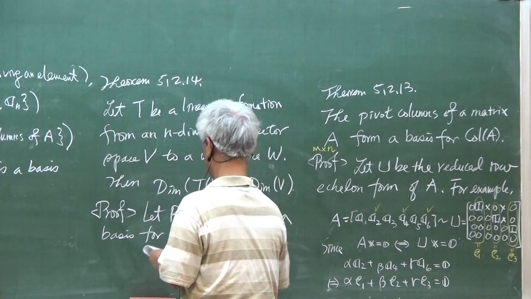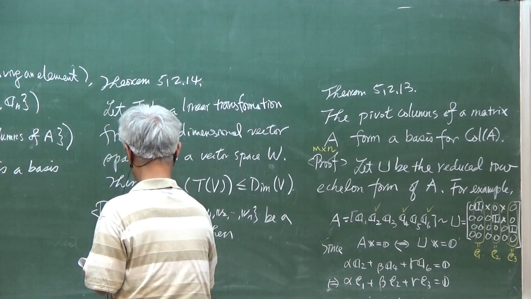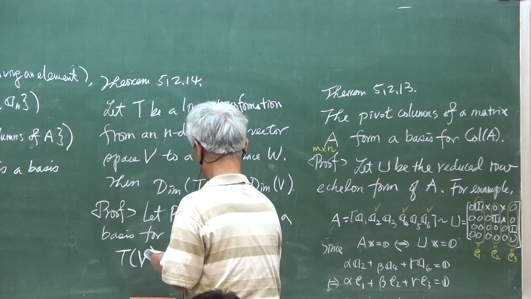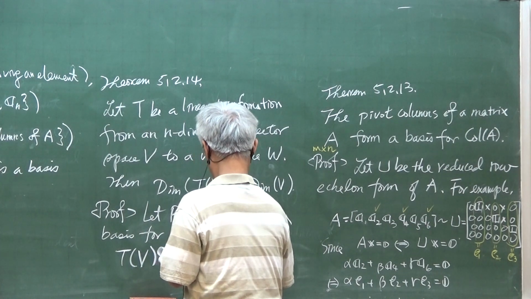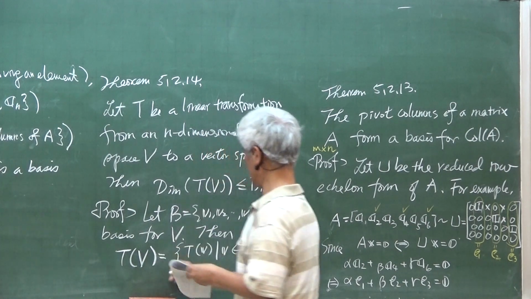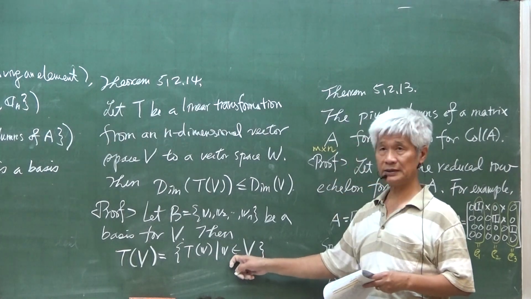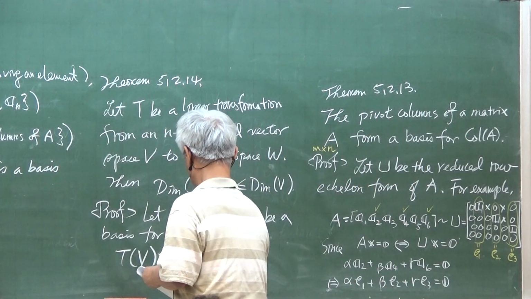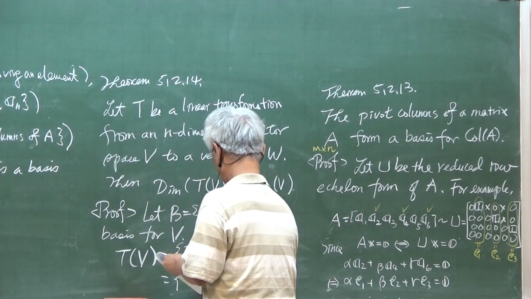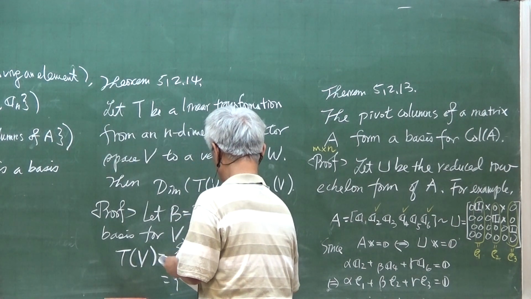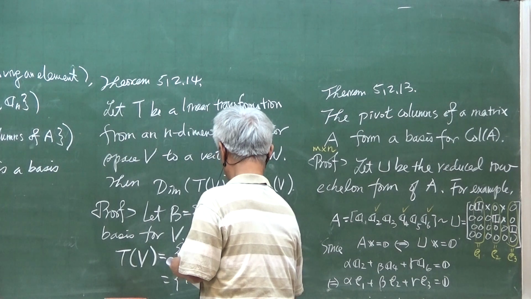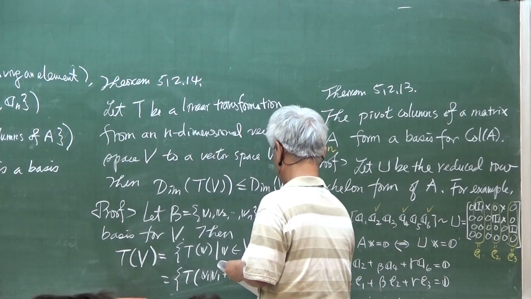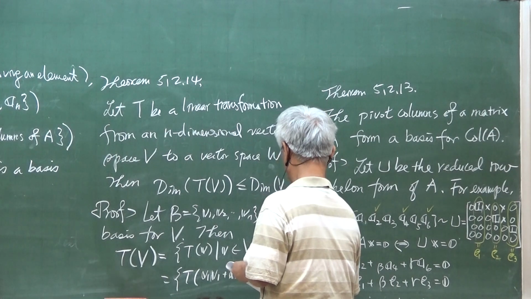Then the range T(V), by definition, is the image of all vectors in the domain. Okay? And that is alpha1 v1 plus alpha2 v2 plus ... plus alphan vn.